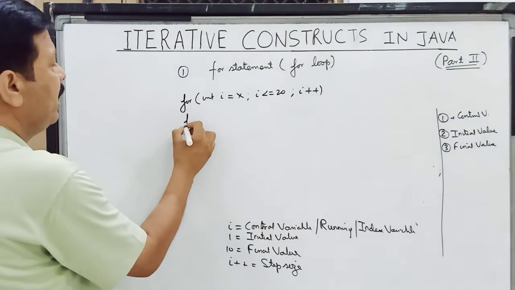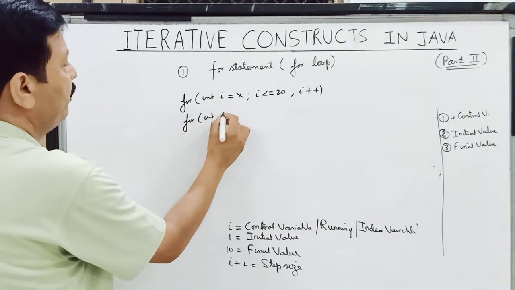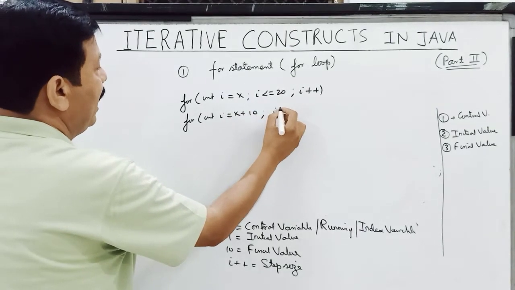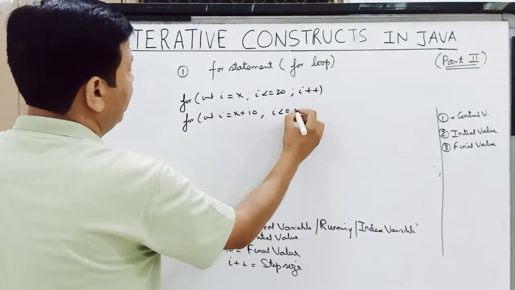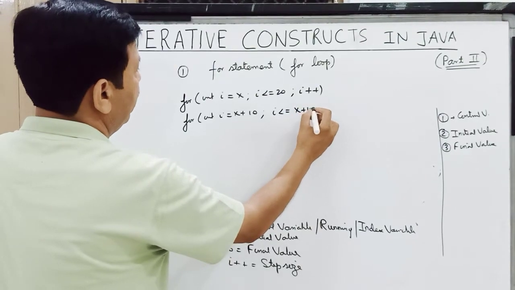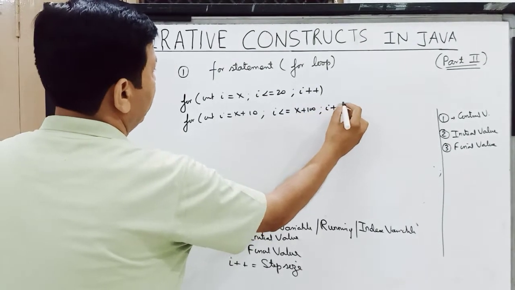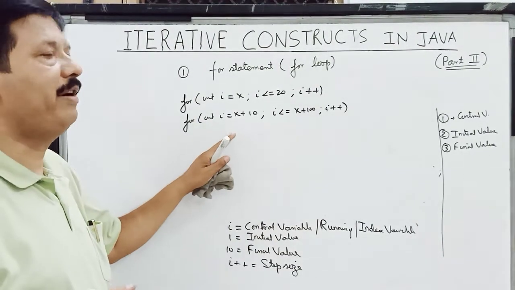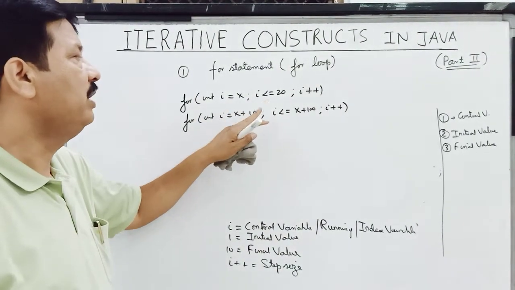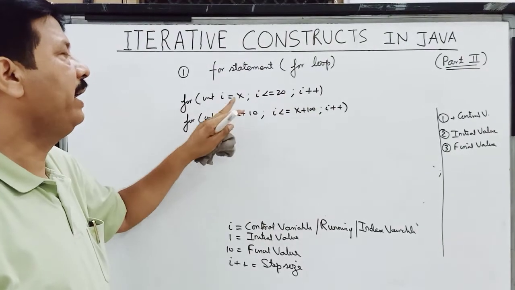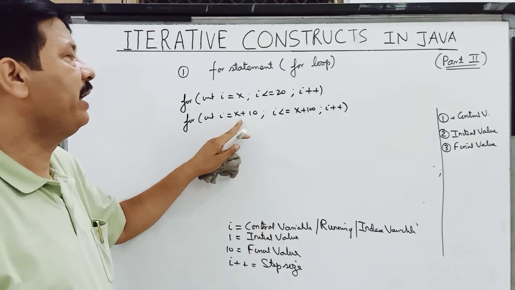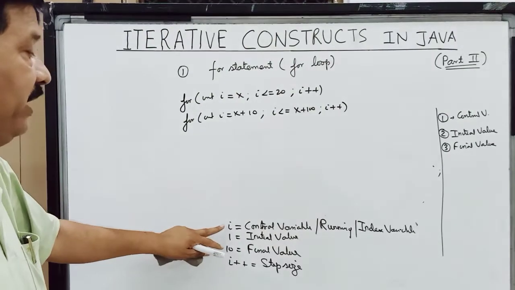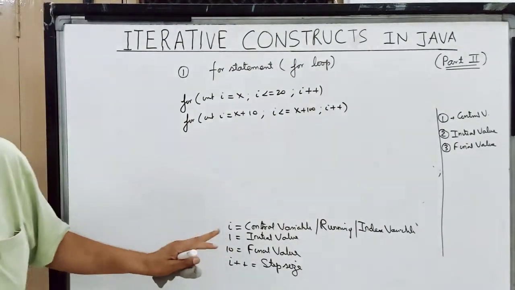I can even take I is equal to x plus 10, and I is less than equal to x plus 100, and I plus plus. So I can have the initial value and the final value as constants, as I have taken over here. I can take it as a variable, and I can even take it as an expression. So this is regarding the initial and the final values.